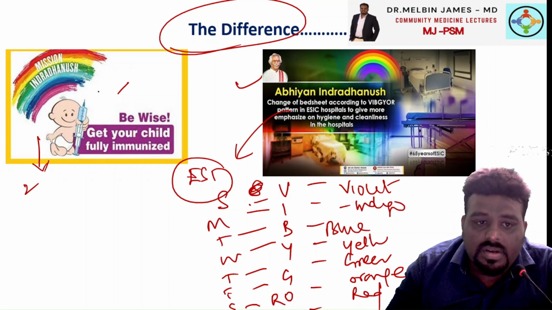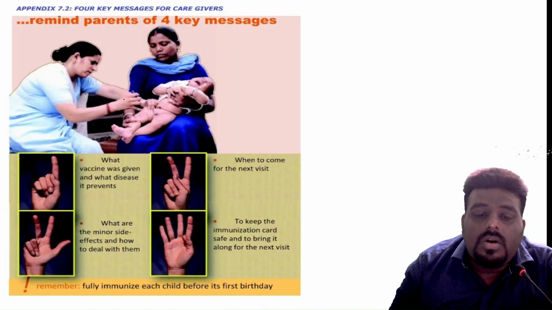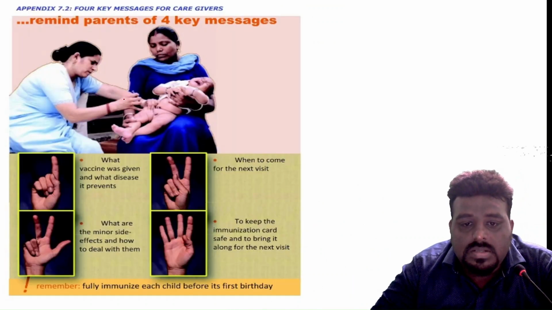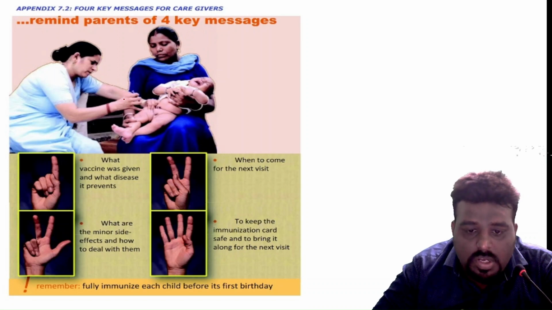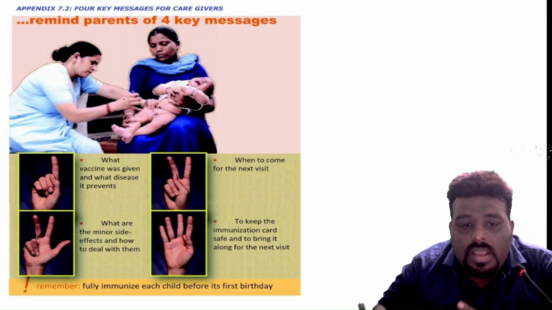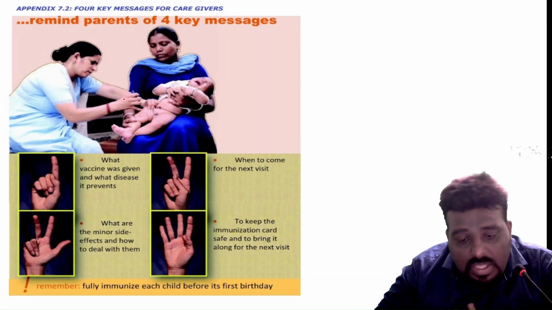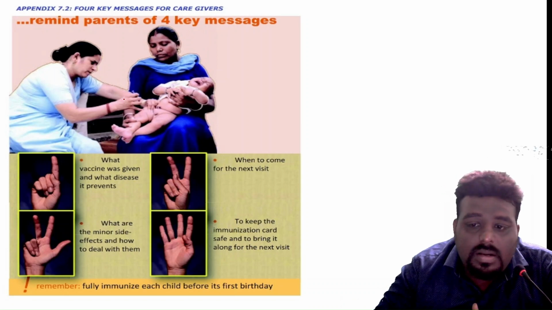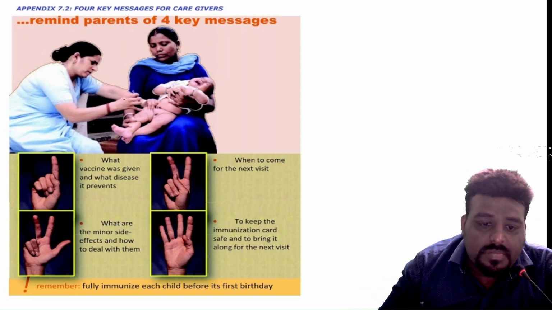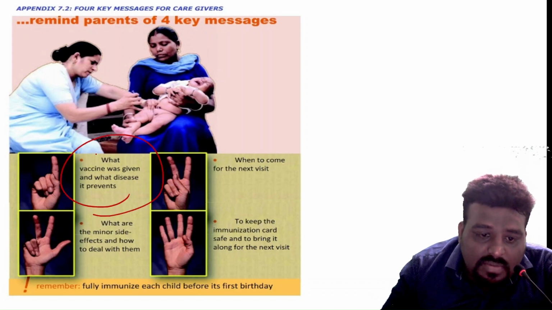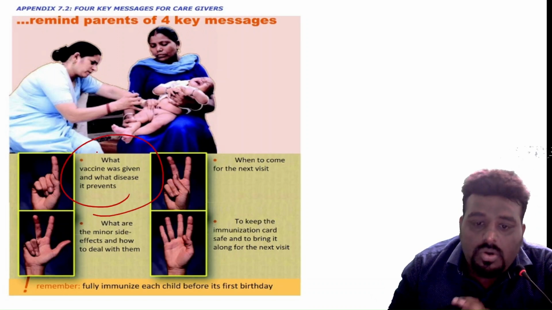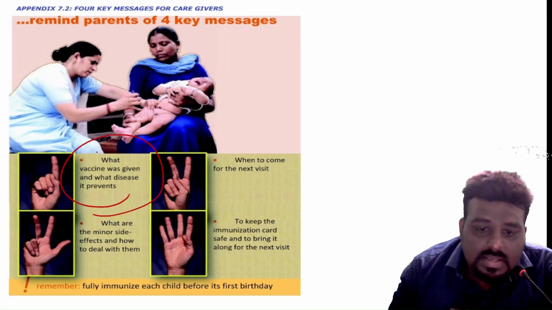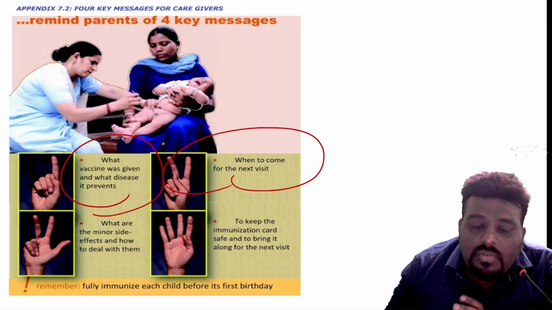Don't get confused. Whenever vaccines are given, usually the ANM gives them. The ANM must make sure, and even if the ANM forgets, the nurse posted in the PHCs or the first line of ASHA workers should tell the mother the key messages after vaccination. She must tell what type of vaccine is being given to the child, why it is given, and when to come for the next visit.